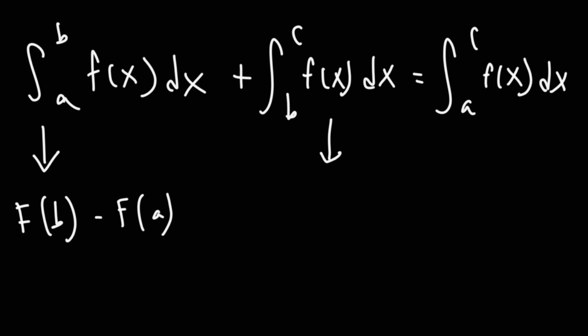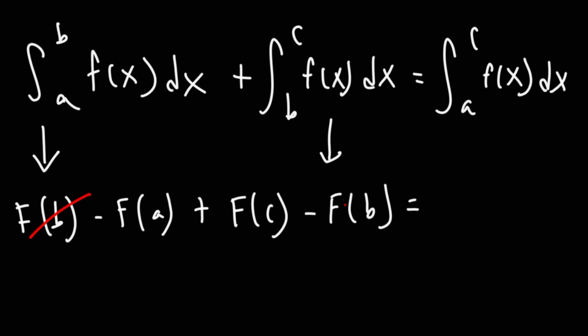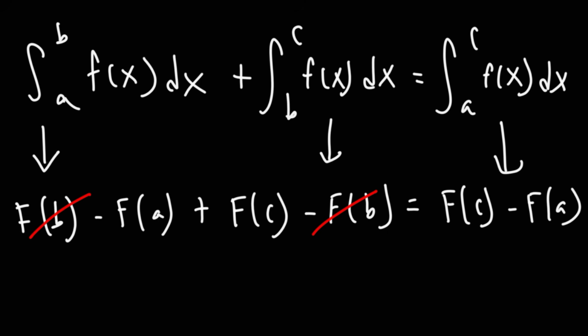The second one is going to be plus F of c minus F of b. Notice that F of b, they cancel. That one is positive, this one is negative, and we get the remaining result, F of c minus F of a, which is what we have on the right side.